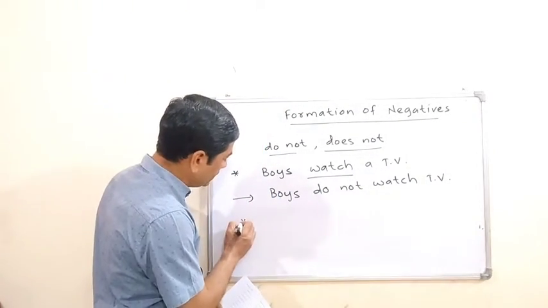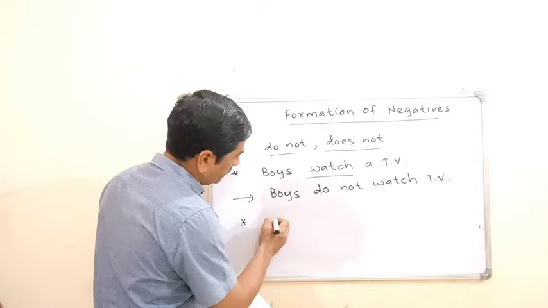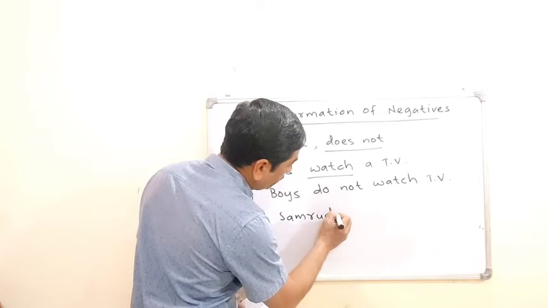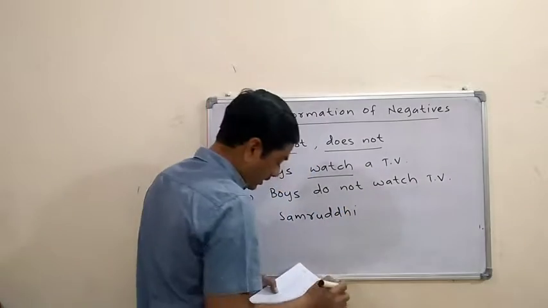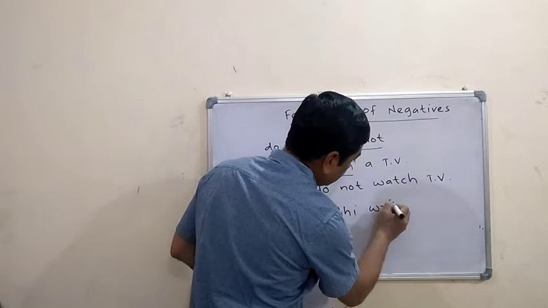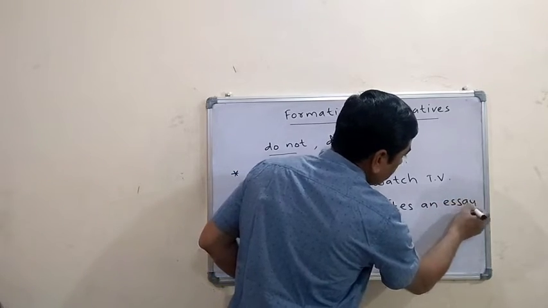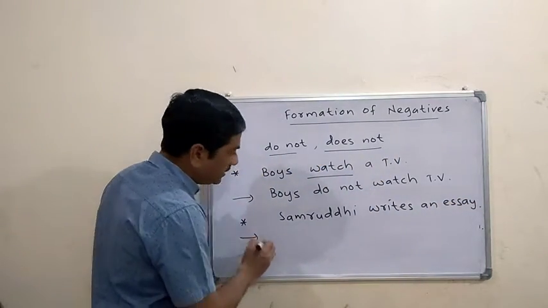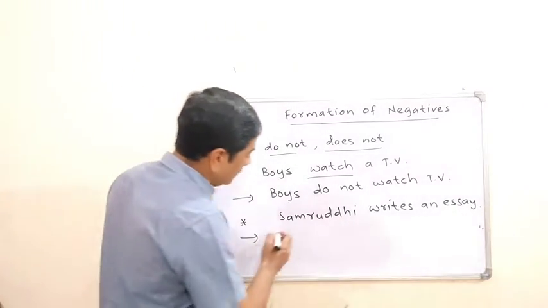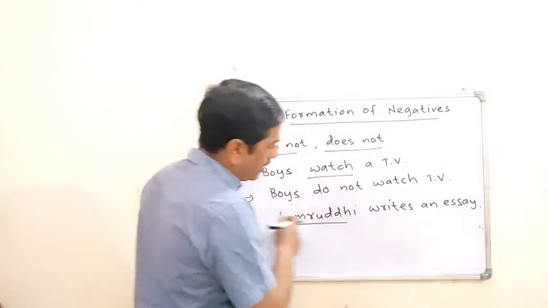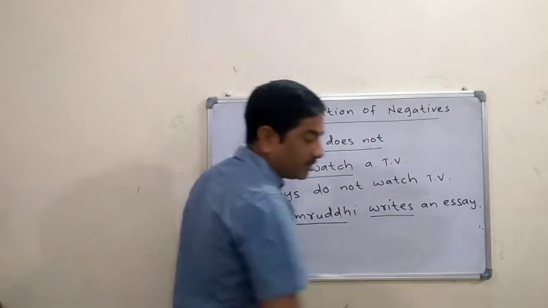We'll write one more sentence. Samruddhi writes an essay. In this sentence, the subject is a singular noun, and that's why the s form of the verb is used.